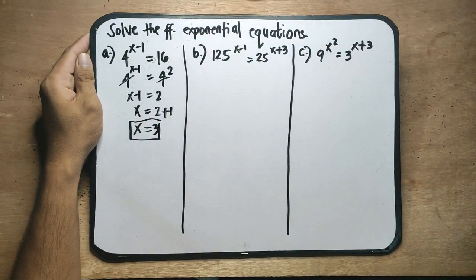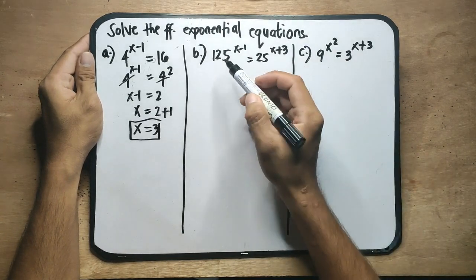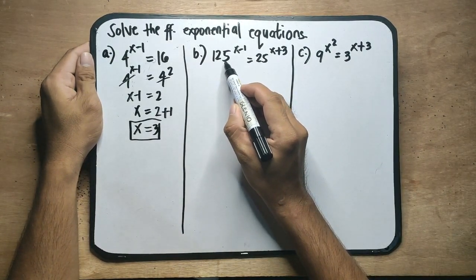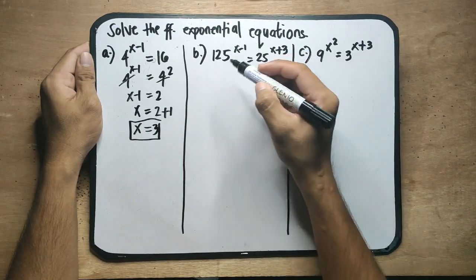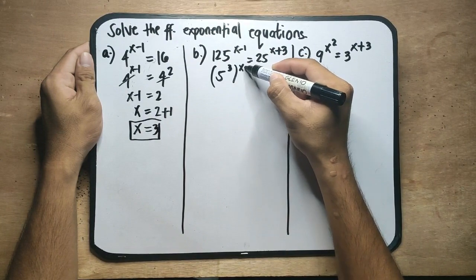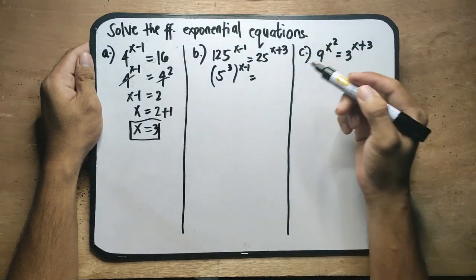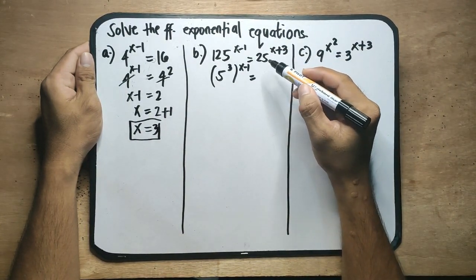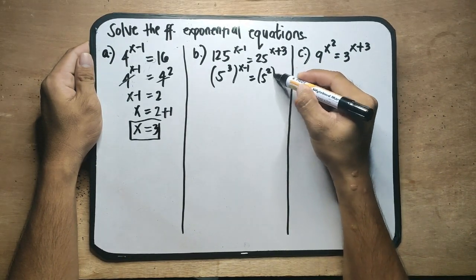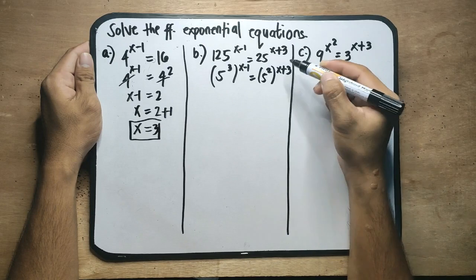The second example, 125 raised to x minus 1 is equal to 25 raised to x plus 3. So, see 125, multiple siya ni 5. It is equivalent to 5 times 5 times 5, or it can be written as 5 cubed. Then, raised to x minus 1 is equal to, so 25 naman, multiple din siya ni 5. 5 times 5 is 25, or 5 squared raised to x plus 3.